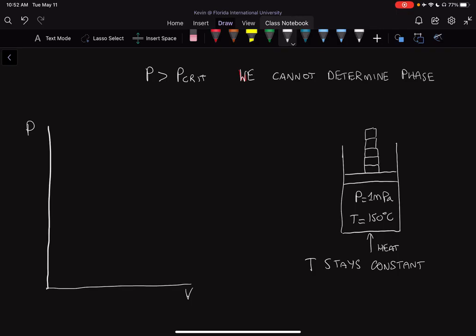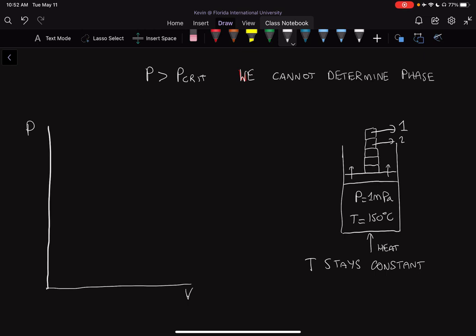Now, what happens when you start taking off the first block? If you take off the first block, your piston is going to move up a little bit. And that piston moving up means that the pressure is going to decrease a little bit. So that would be the first case.